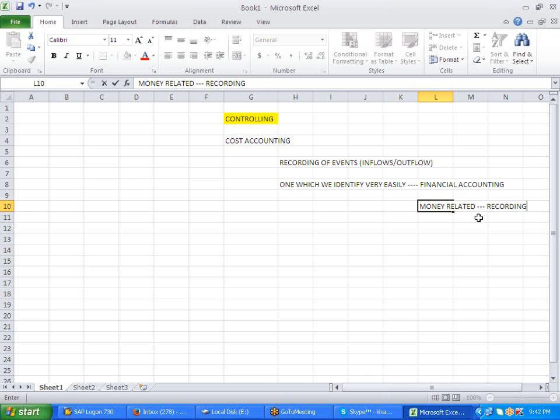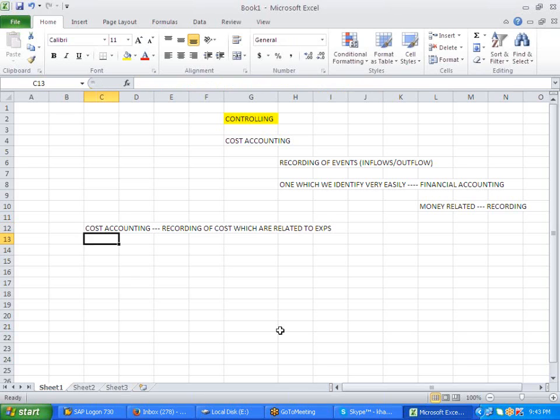Over here I'll put a phrase stating that cost accounting is related to recording of costs, which are related to expenses.